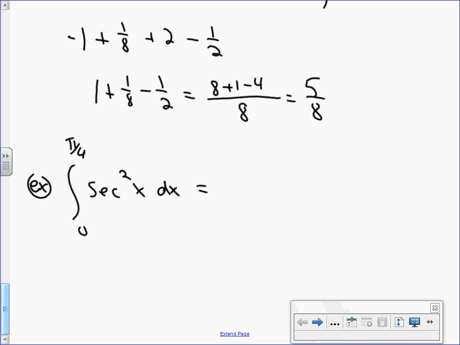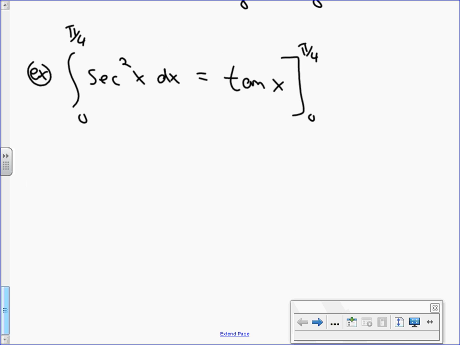Hopefully you still remember all your antiderivatives of your trig functions, but just stop and think, what function has a derivative that is secant squared? The derivative of tangent is secant squared, so the antiderivative of secant squared is tangent, evaluated from 0 to pi over 4. So I write tangent of pi over 4 minus tangent of 0.